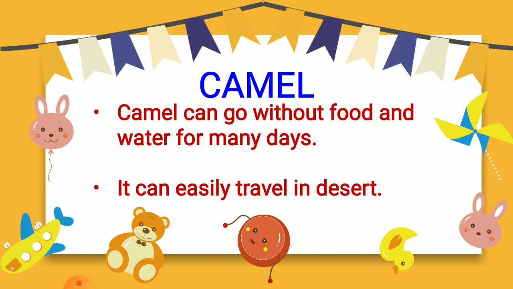So they travel using camels, because once camels have had their food and water, they can store it and don't require food and water so early. They can survive without these life-giving elements for a longer period of time, and due to that feature, camels can easily travel in the desert. That is why most people today also use camels as a means of transport in desert areas.